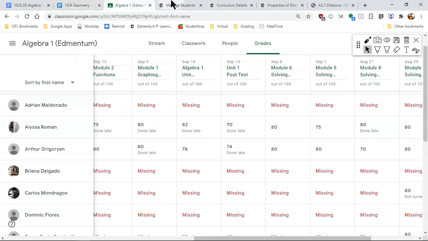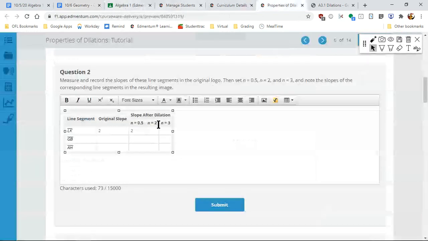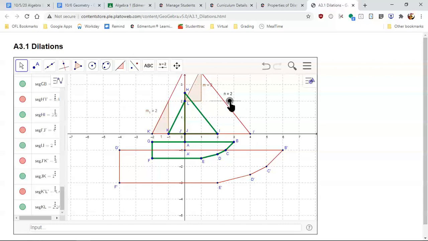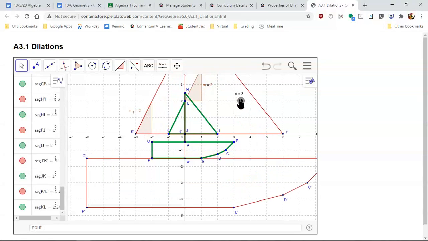So we can effectively just say that the slope is going to be the same for all of them. The slope is the same no matter what the scale factor is. And I can prove that just by doing it again. Still 2.